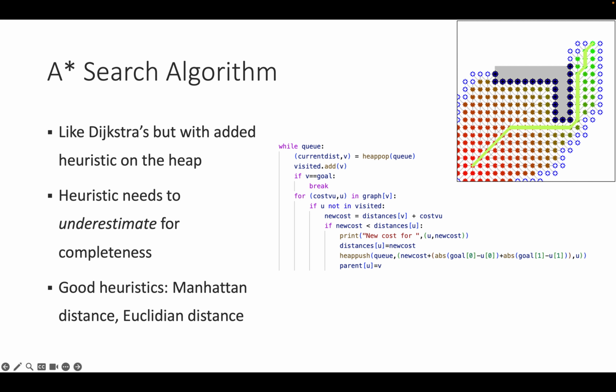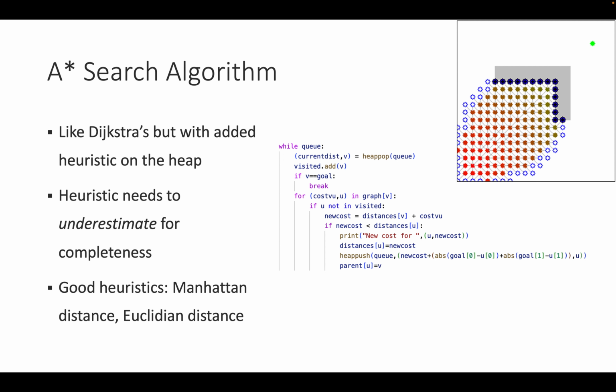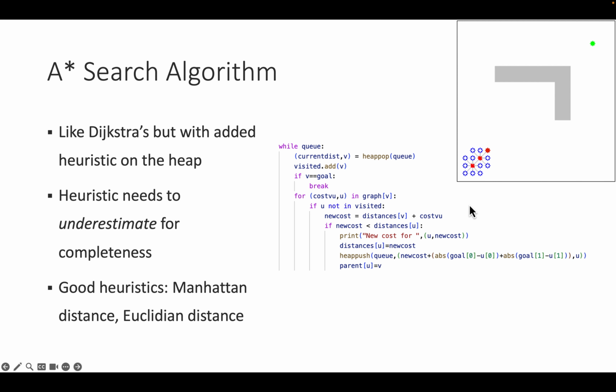This is known as a heuristic, and in this case I add the Manhattan distance. So you see here goal x and current x, and goal y and current y, and so I add the Manhattan distance to the goal at every point. And now if I explore around the start, the Manhattan distance to the goal to the right is lower than the one to the left, so the algorithm will choose this node first to explore.